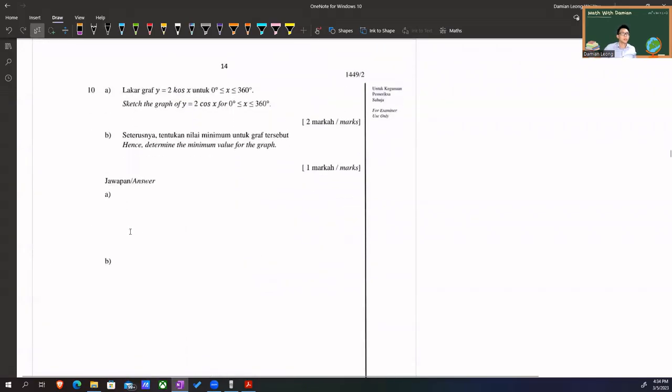Then question 10. Sketch this graph, y equals 2 cos x. 2 cos x means the cos graph with the magnitude of 2. So it looks exactly like the normal cosine graph. It'll just be like this, something like this.